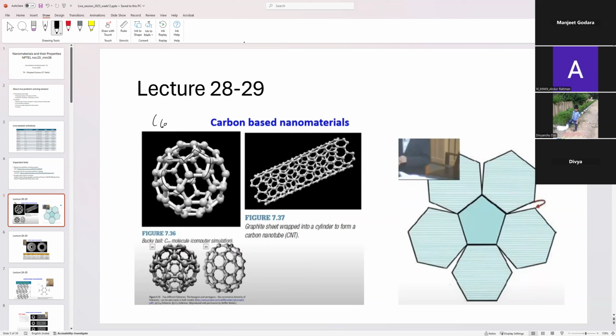Next, we have single-walled carbon nanotubes. It's made up by folding up a graphene sheet into a cylindrical form.